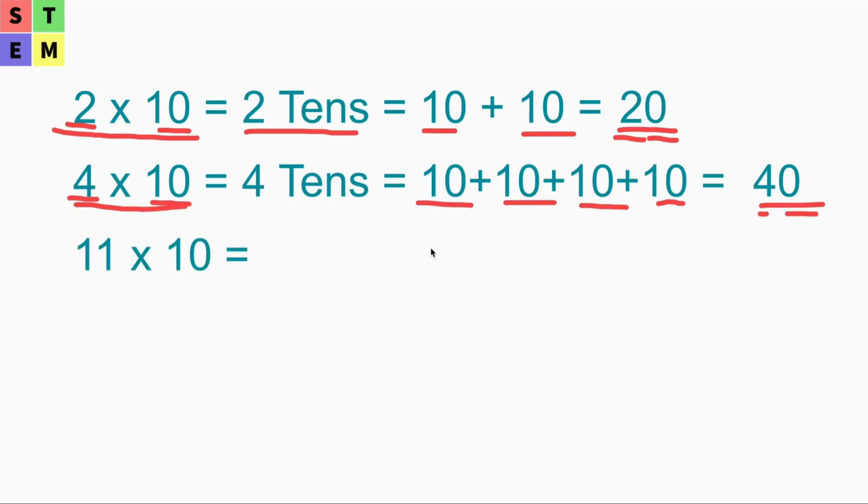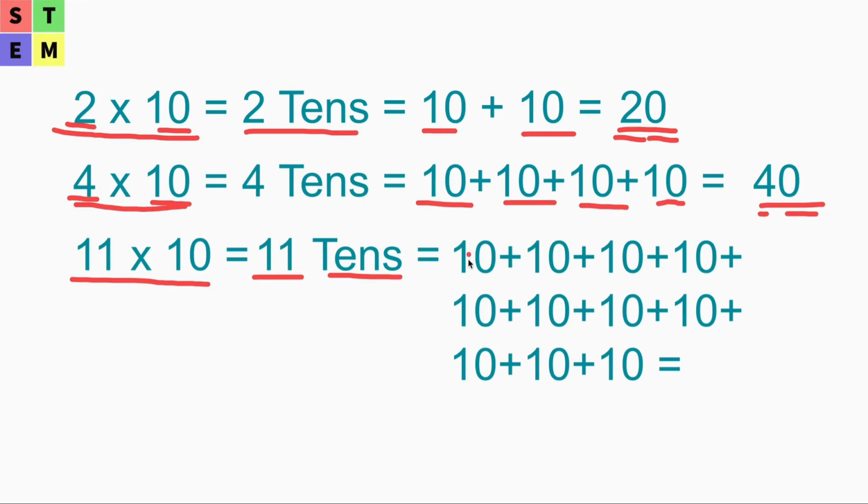This time, something more complicated. That's 11 times 10. So that means how many tenths? 11 tenths, right? So that equals 10 plus 10 plus 10, eleven times.